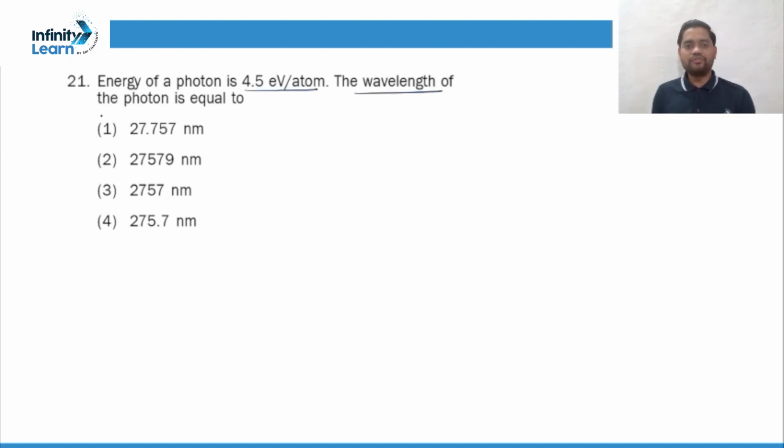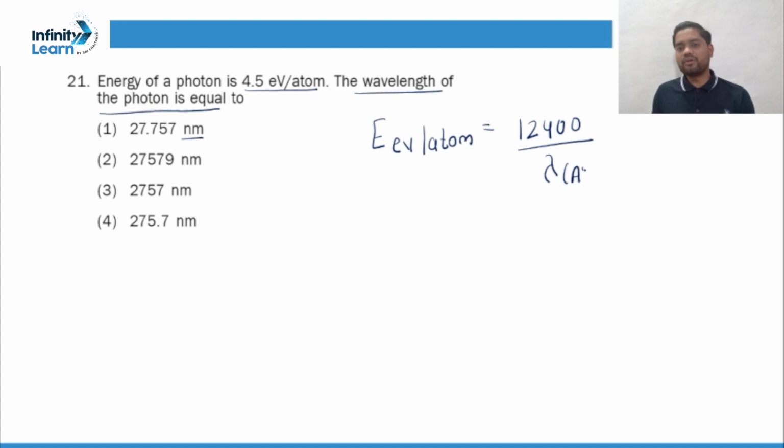The wavelength of the photon is equal to, energy is given and the wavelength is asked in nanometer. So first thing, energy in electron volt per atom is equal to 12400 by lambda in Angstrom.